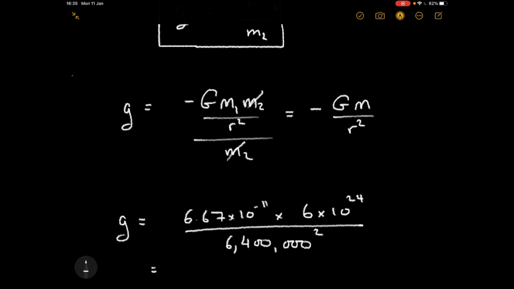That's the radius of the Earth, give or take a few hundred kilometres. And what we get is 9.77.